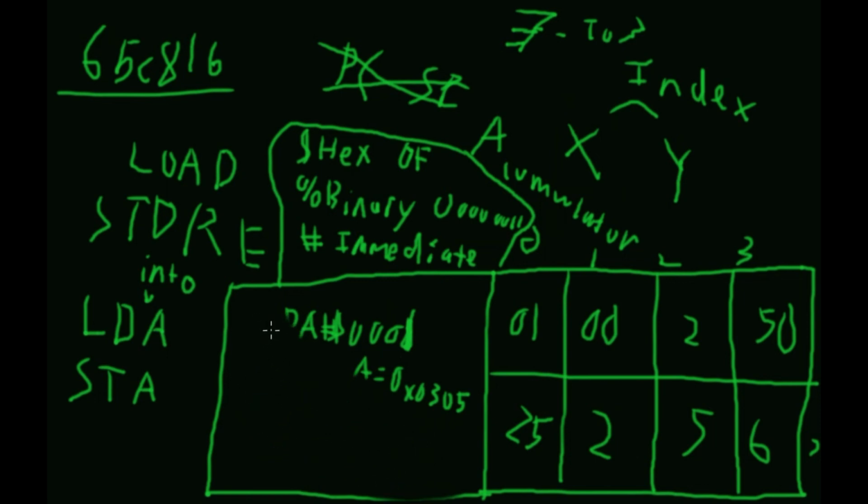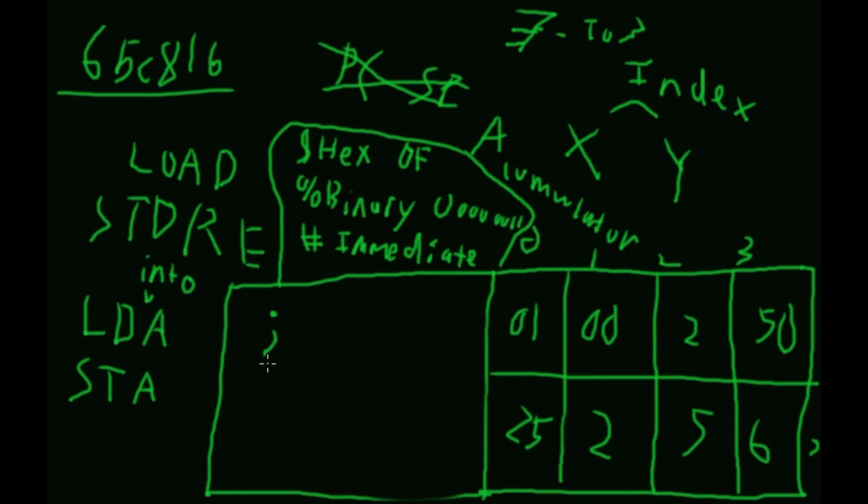Now I've been using A in all my examples just because you're generally going to want to use A, but you can use X and Y if you want. So that's basically how you would read and write values in different modes to the RAM and such. Now I'm going to give one last piece of advice.